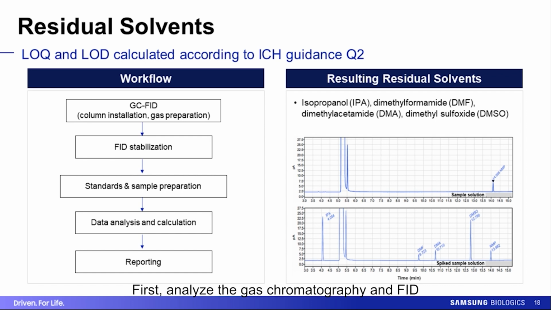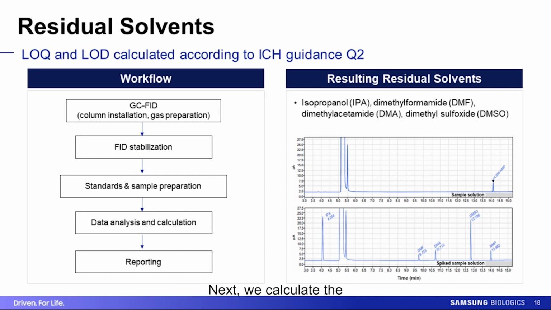First, stabilize the gas chromatography and FID, and then prepare the standard and sample. We use NMP for internal standard, and each solvent is used for external standard. And also, we use the protein precipitation method for sample preparation.